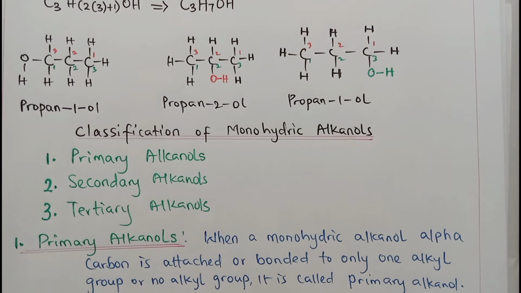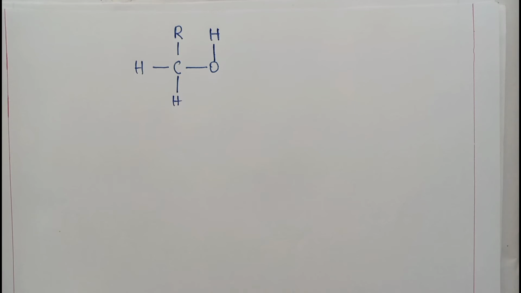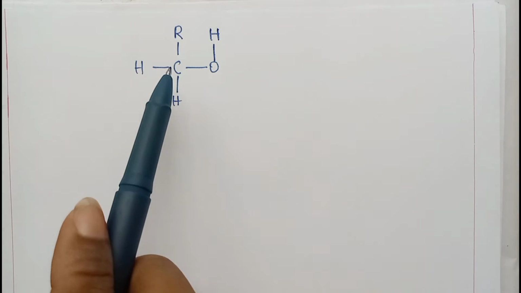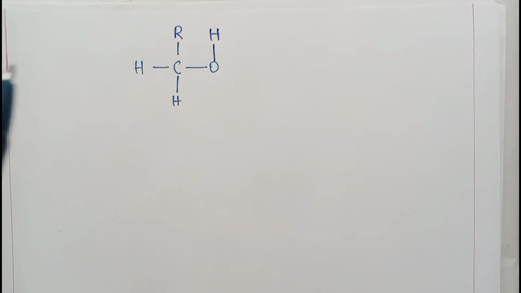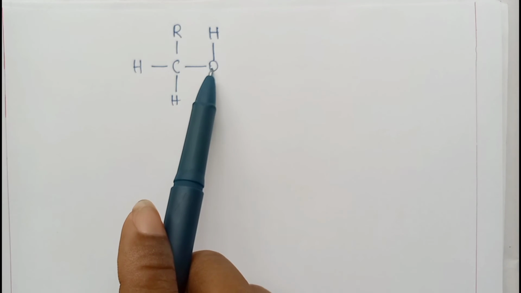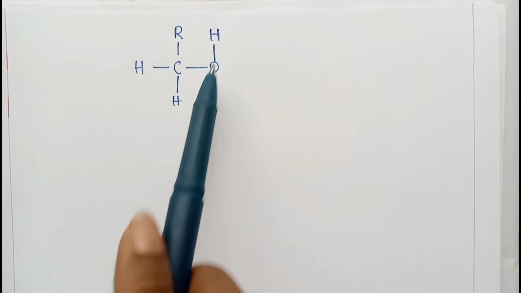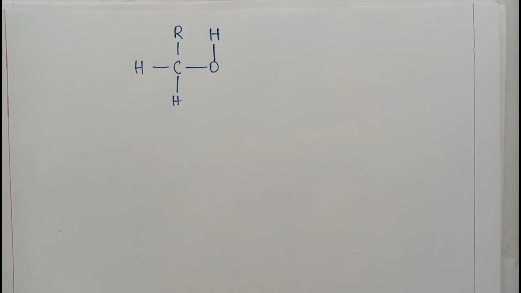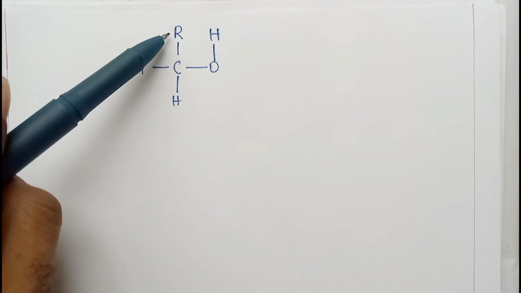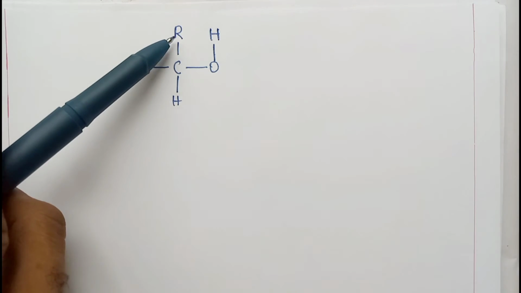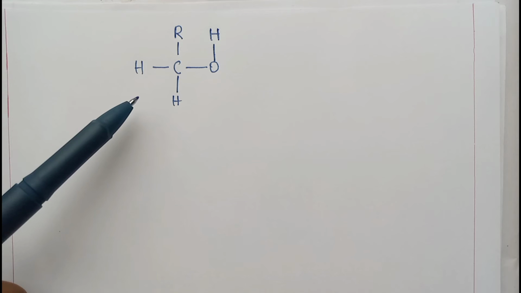Let's look at them. What we mean by the alpha carbon is that carbon that is directly bonding to the oxygen that is bonding to the hydrogen in the OH. I hope you get that. Therefore, this is the alpha carbon. And if you look at this, R represents the alkyl group. And it is only one alkyl group that we are seeing here.